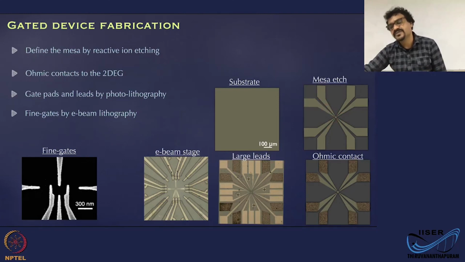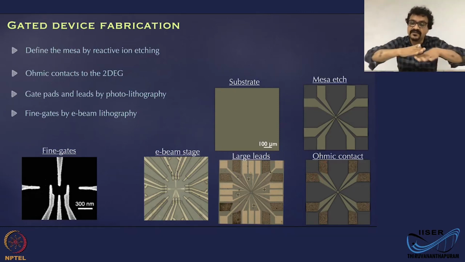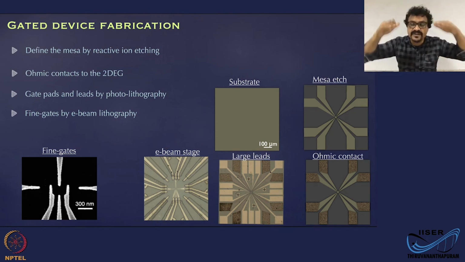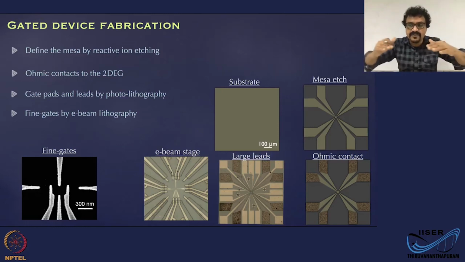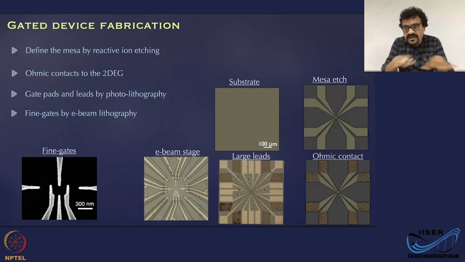And the next process would be to define ohmic contacts to this region, because you have to run currents and measure voltages. So you have to inject electrons, and for that, you need ohmic contacts. These contacts inject the electrons into the channel, which is the 2-dimensional electron gas in the middle. You have a surface, you etch down wherever you don't want it, but then you also need to inject electrons into the 2-dimensional electron system.